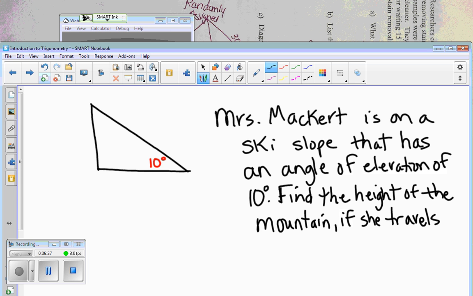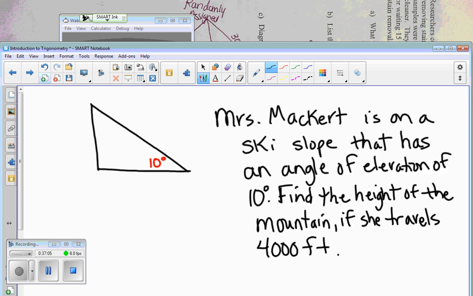Okay, so if she travels, let's say I travel, I don't know, 4,000 feet. A mile is about 5,280 feet, right? So let's say it's not quite a mile long, 4,000 feet. So let's label my picture. Find the height of the mountain.